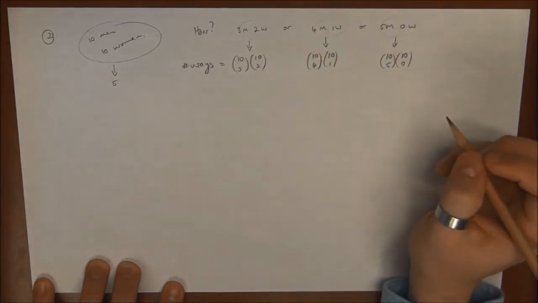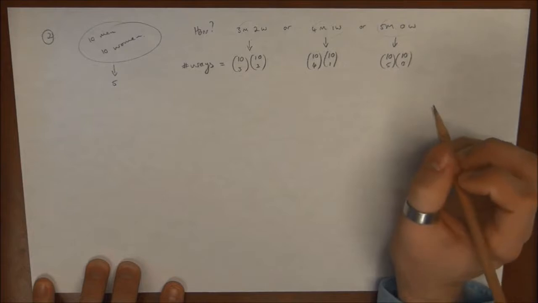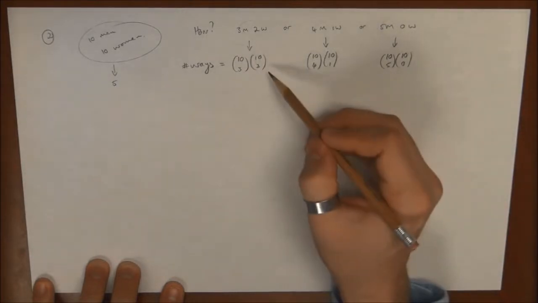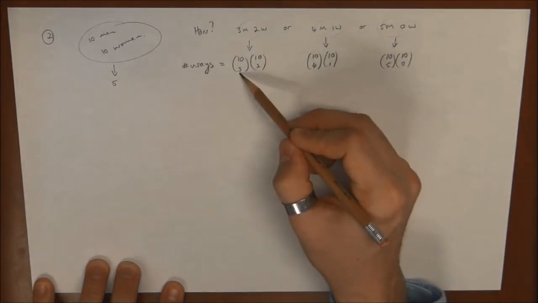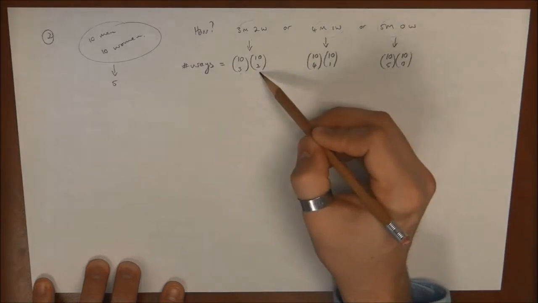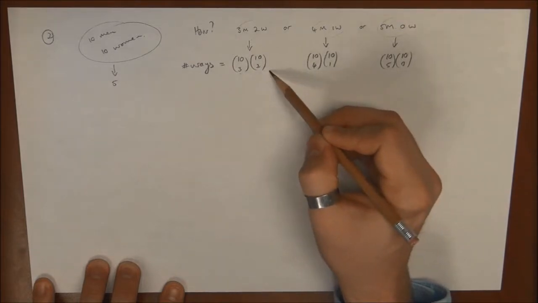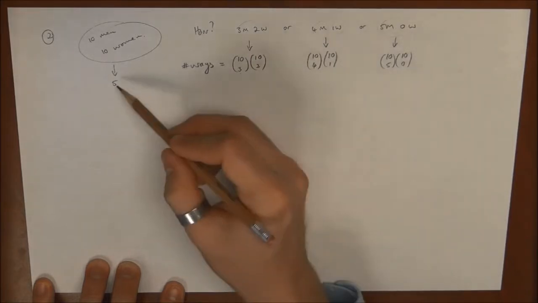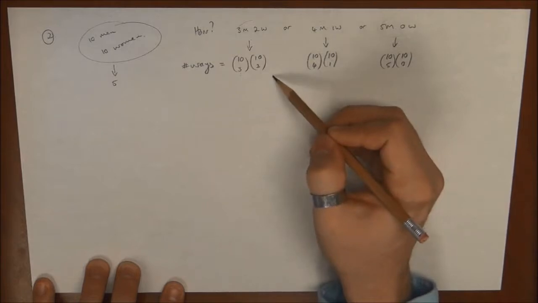So how do I put these together to get my final answer? Well, if I'm doing this as step 1 and then step 2, step 1 selecting 3 men, step 2 selecting 2 women, am I done with my experiment? Yes, I've selected 5 people, and that was my goal.